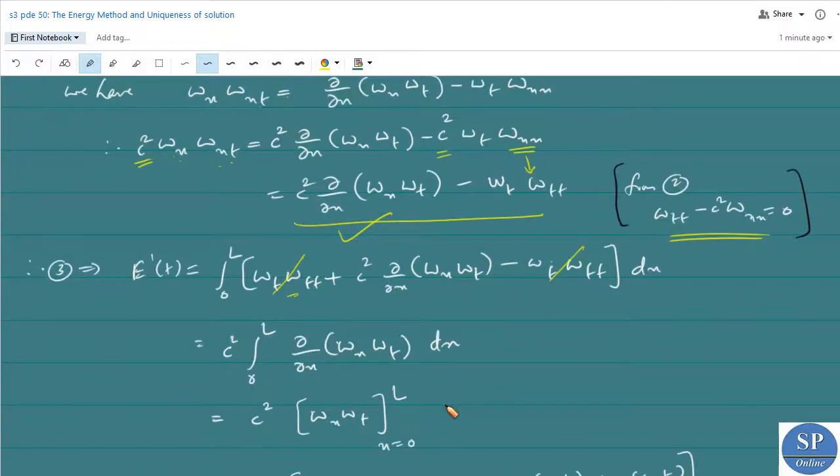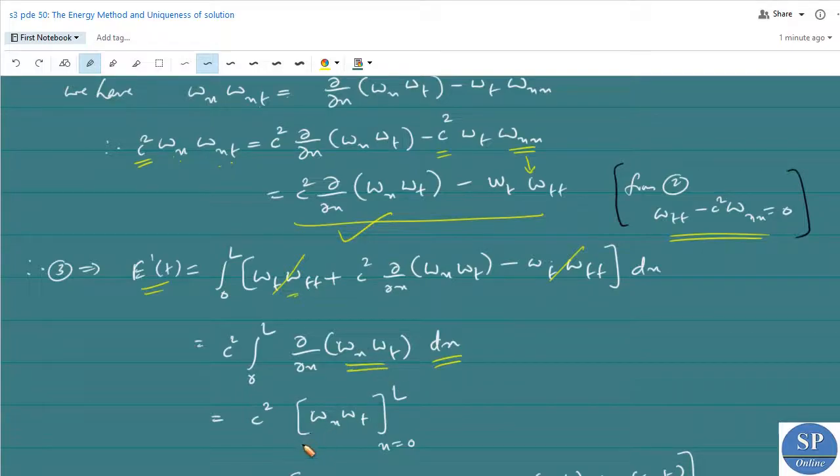So the derivative of E with respect to t, E is a function of t only. So E dash of t is equal to c square into the integral from 0 to L of dou by dou x of Wx Wt dx. This integral is with respect to x, so we know the integral of this derivative is nothing but Wx into Wt.